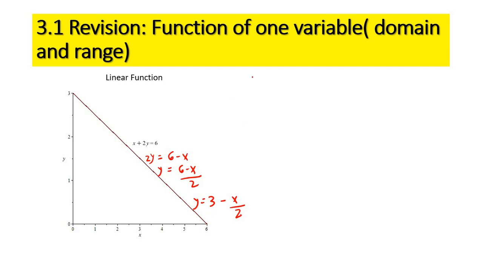Domain is x. We put it like here. Okay, domain is actually x. Is your x value only 0 to 6? And is your graph only like this or not? Actually the graph, this one I just sketched, x from 0 to 6. But in reality, the graph can be extended, right?